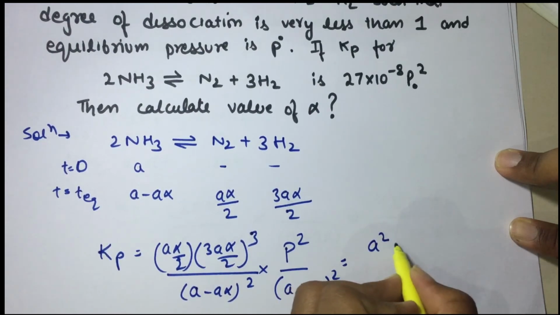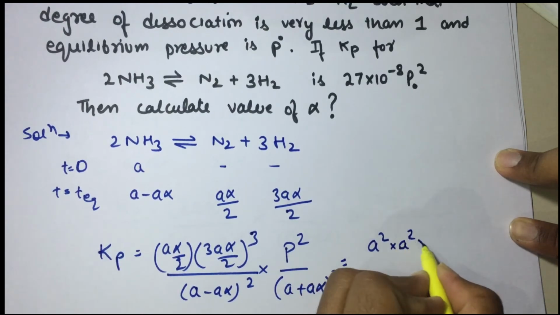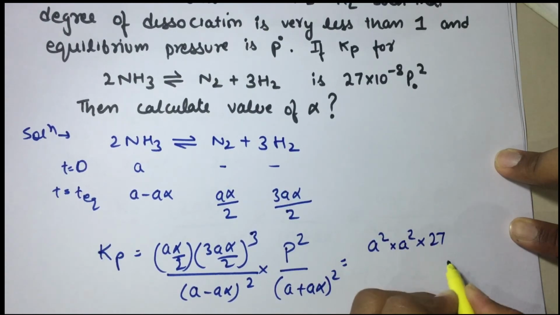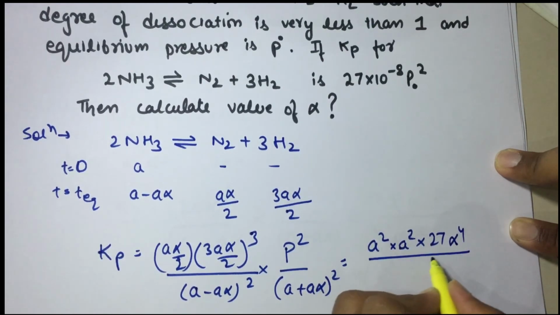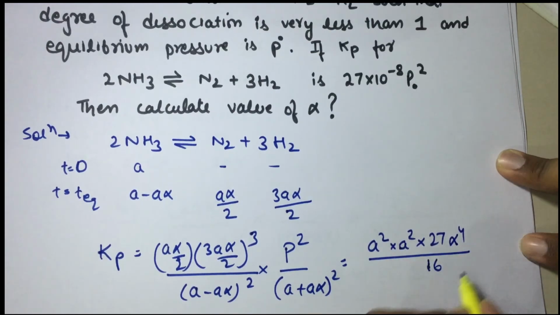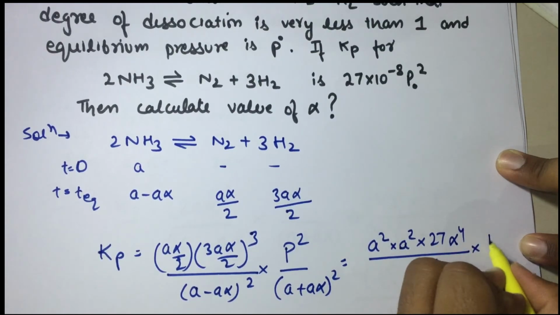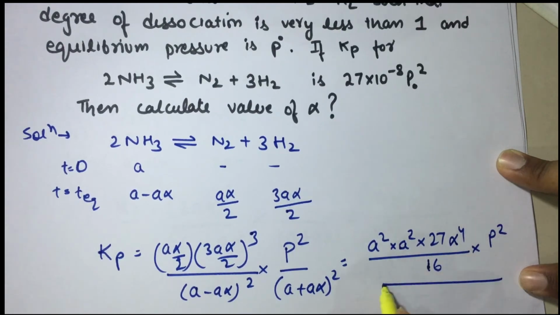A square into A square into 27 into alpha to the power 4 divided by 16 into P square. In the numerator we can take A square common, then it will become 1 minus alpha to the power 2 and 1 plus alpha to the power 2.